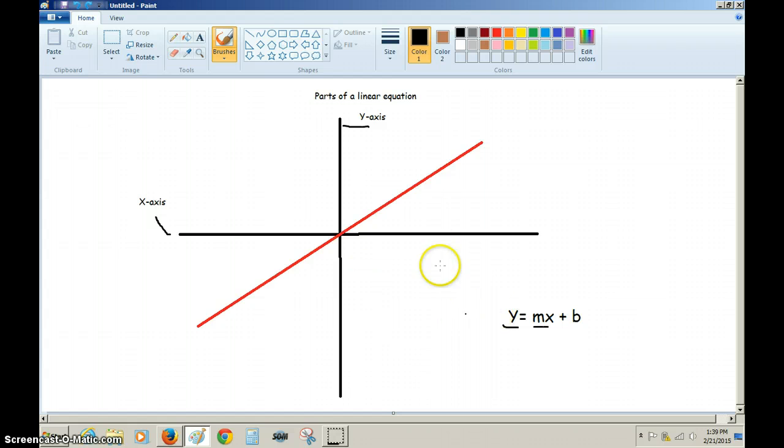And let's say that the slope of this happens to be 1 because it's increasing by 1 unit every time. 1, 1, 1, like this. So the coordinates of this one, if this is 0, 0, the origin, would be 1, 1.